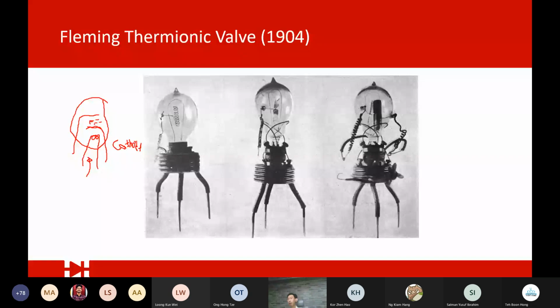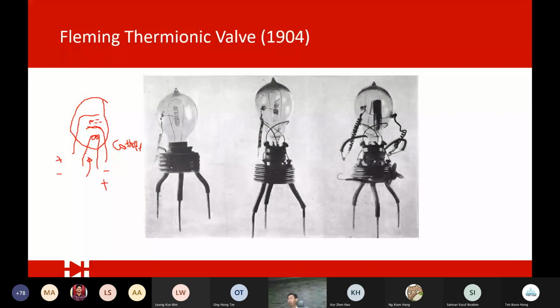This is the plus, and this is the minus. The electrons move from the cathode to the anode, so it is connected in what we call forward bias. What if we put a negative here and a positive there? The positive has fewer electrons, so there is no conduction in between.